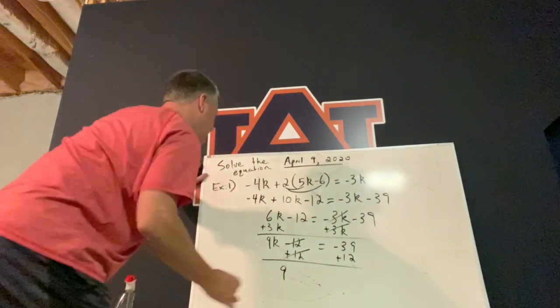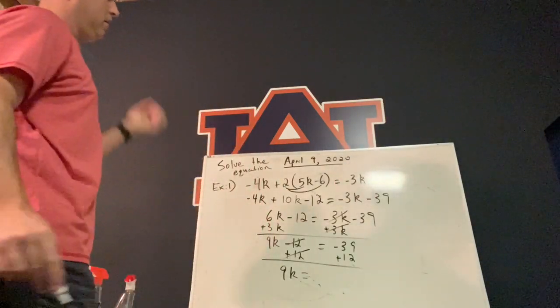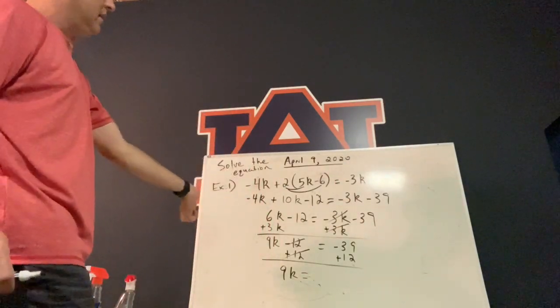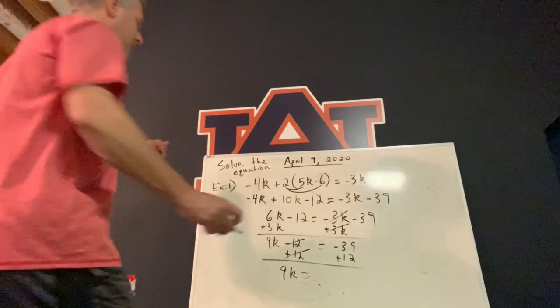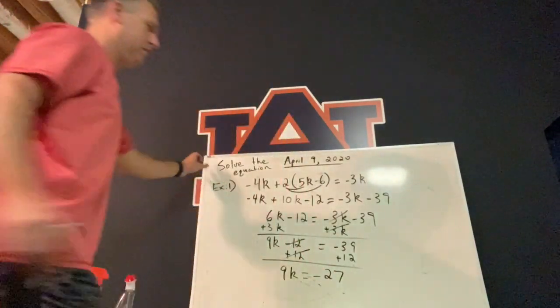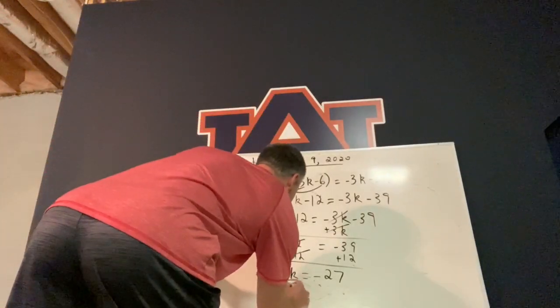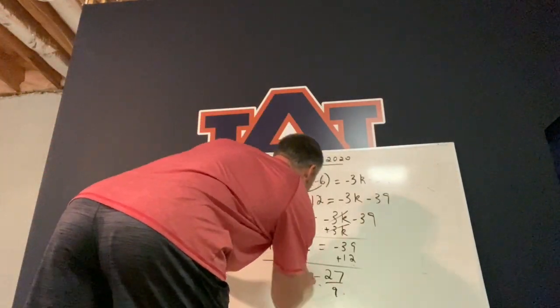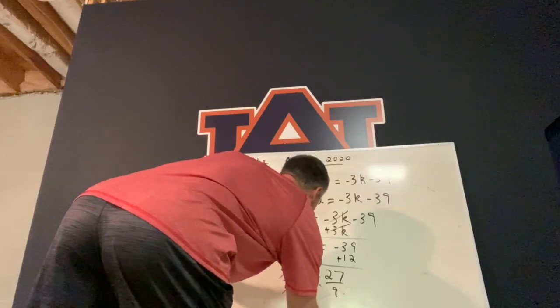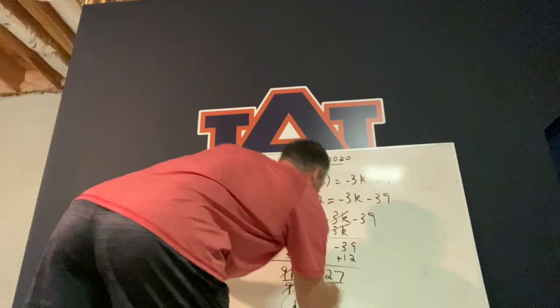So that gives me 9k is equal to, now this is negative 39 plus 12. That gives me negative 27. Okay? Divide both sides now by 9. Gone. K is equal to negative 3.